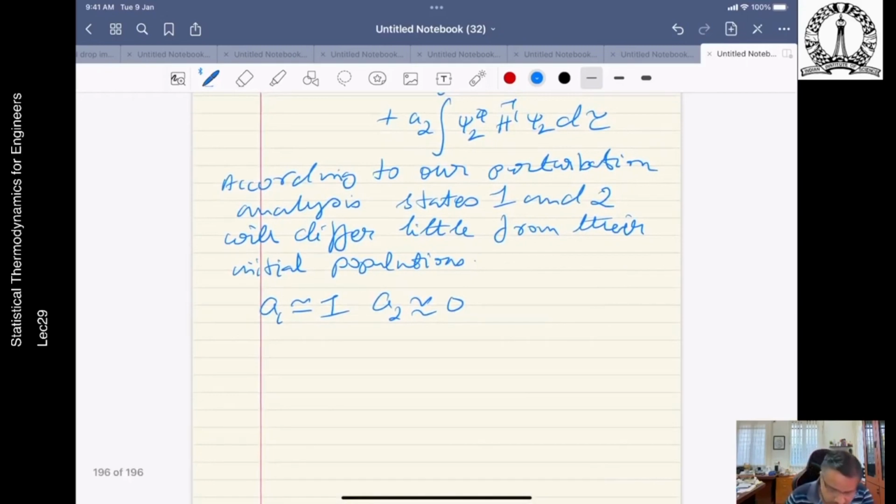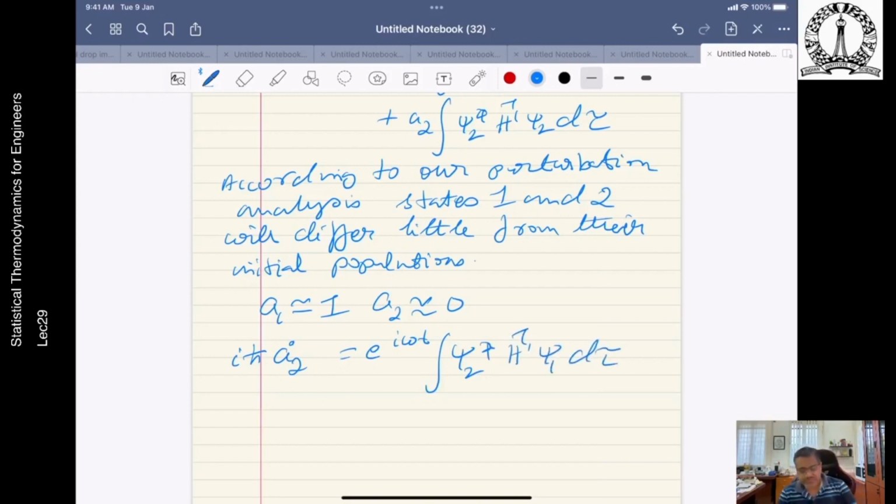So i h bar A2 dot is equal to e to the i omega t integral chi2 star perturbed Hamiltonian chi1 d tau. Right?